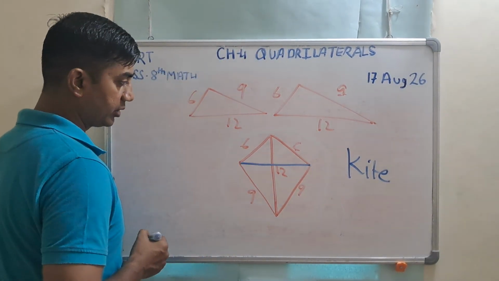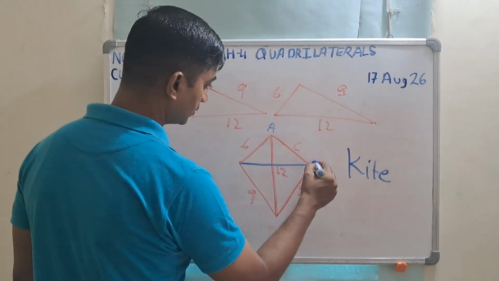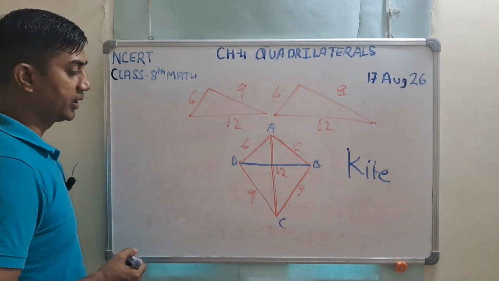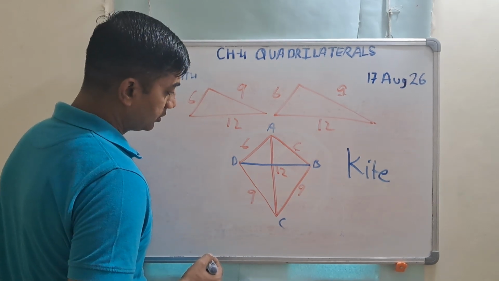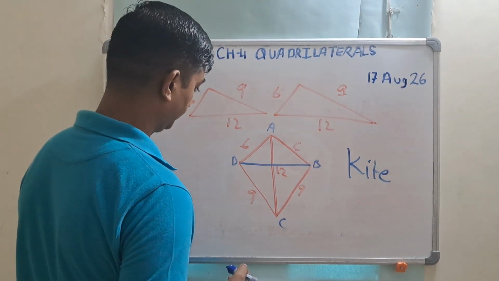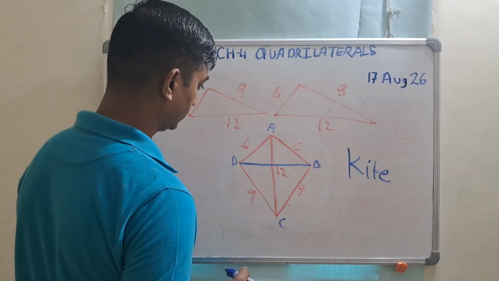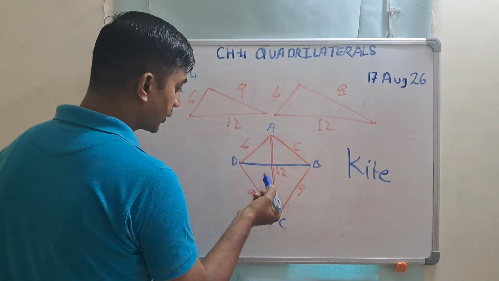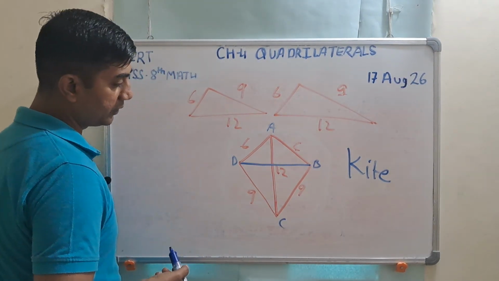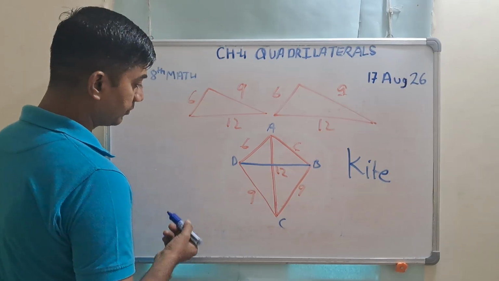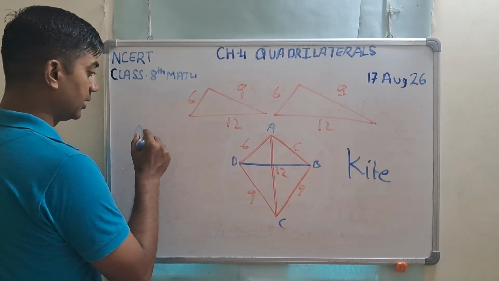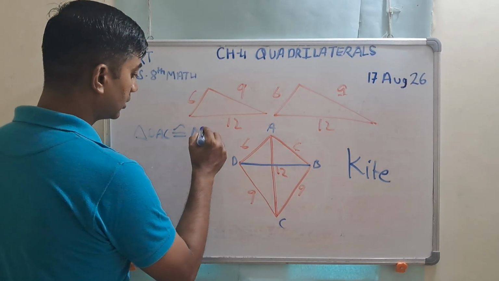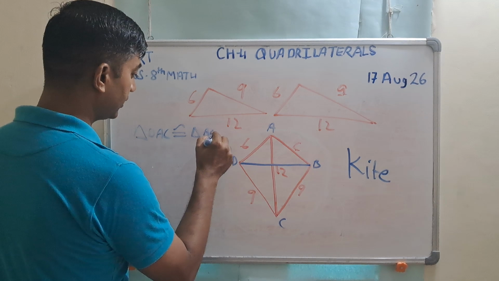If we join the other diagonal of the figure, first of all we'll take the two triangles, and what we find out is that both triangles are congruent, means triangle DAC is congruent to triangle ACB.